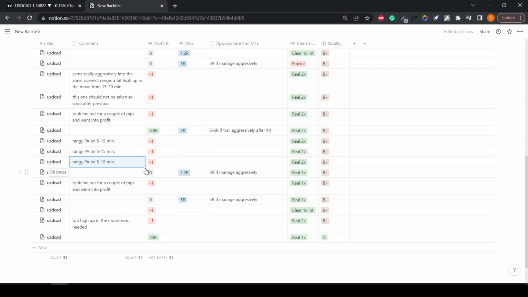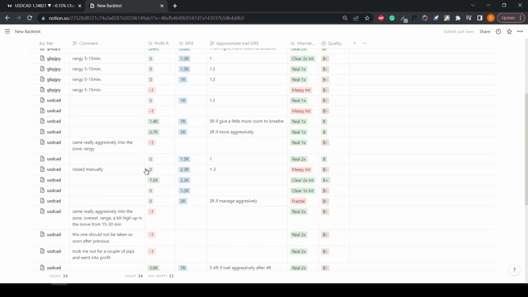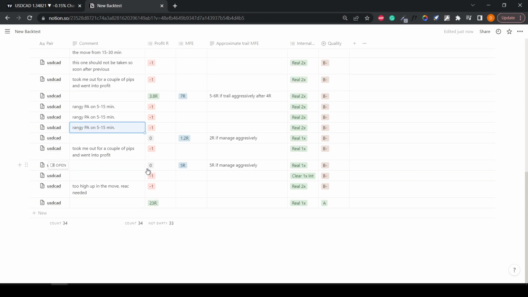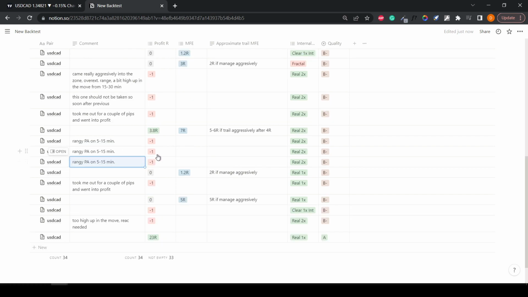So sometimes I just clicked through and missed some opportunities. The fact is some trades were missed, and I will now go back and analyze what could be done better. Also, some minus ones could be avoided.